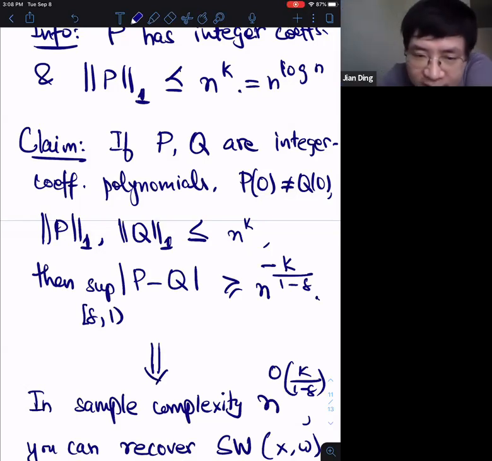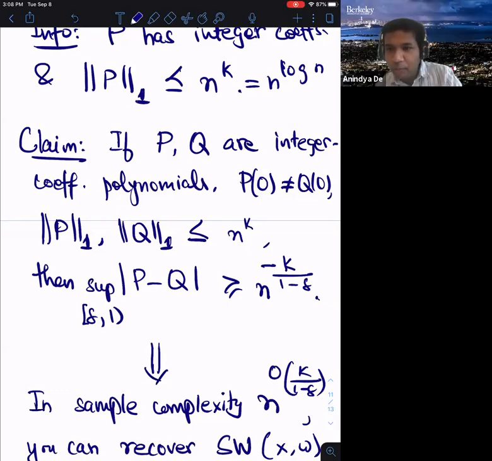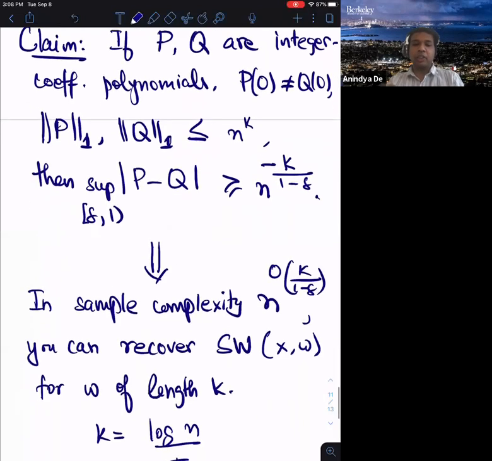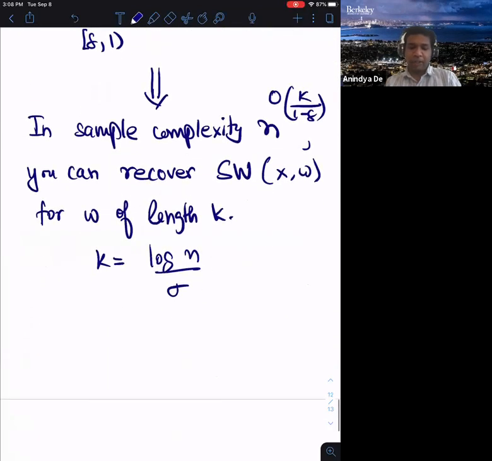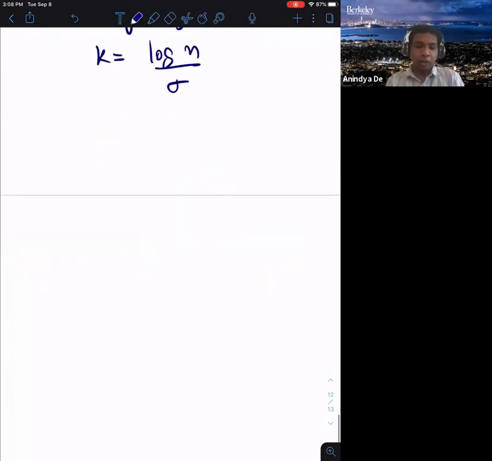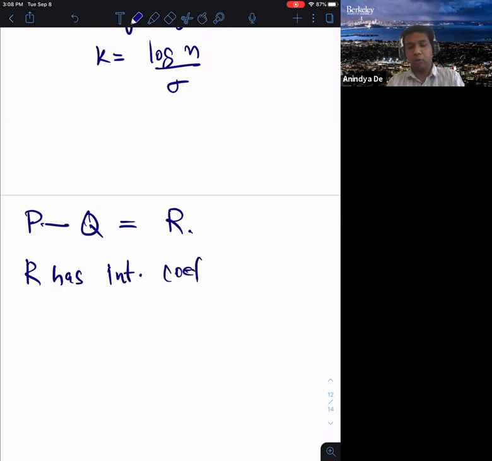Great. Oh, there's another question coming. Can you repeat why p minus q has a lower bound? Right. So p and q are integer coefficient polynomials. Maybe I can just say this again. Think of the polynomial p minus q as r. r has integer coefficients, because p and q do.